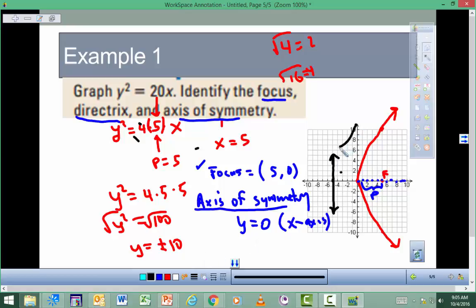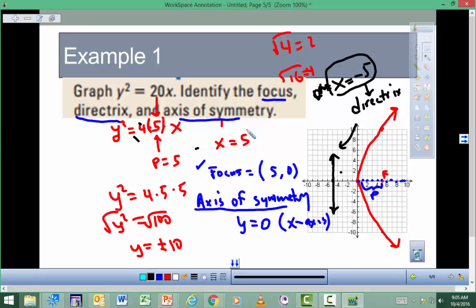This here is the directrix. Okay? Now what is the equation of that line? Well, that's a vertical line. So the directrix is equal to x equals -5.